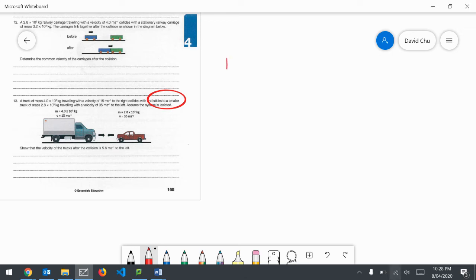So we still have m1 v1B plus m2 v2B equals m1 v1A plus m2 v2A.